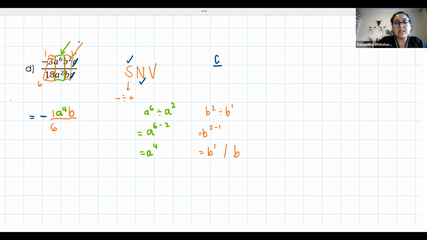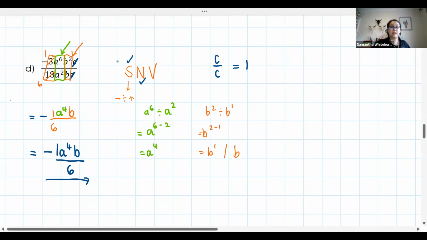Because if I've got c divided by c, I know I end up with 1. Anything divided by itself is 1, cancels out. And so my c's actually fall away. And so my final simplified answer here is negative a to the power 4b all over 6. If you want to write the 1 there, obviously that's absolutely fine, but you don't have to. Okay, so guys, signs, numbers, variables, that is what you need to remember here.